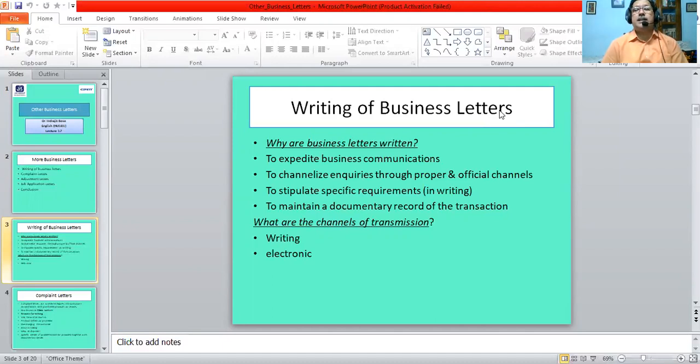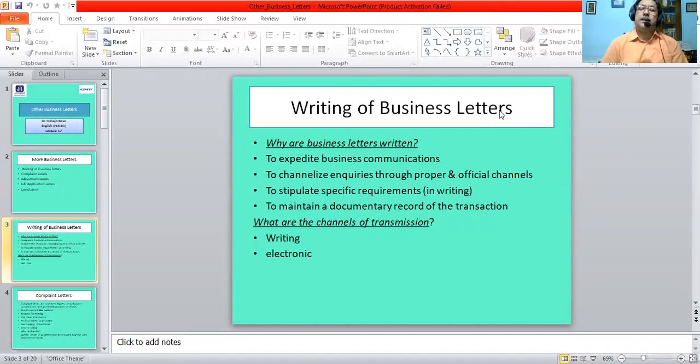Now, we know that customers and clients may be spread out in different parts of the country or even other parts of the globe. So always they may not be a phone call away, or except in emergencies, we may not be able to make a phone call, but we can send a letter always or send an email across to them.